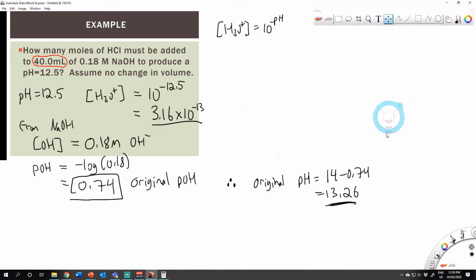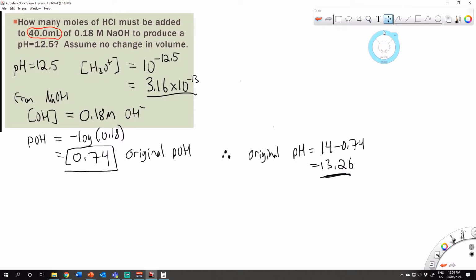This will tell us what concentration of hydronium is currently present and what we need to add to it to make it bigger.